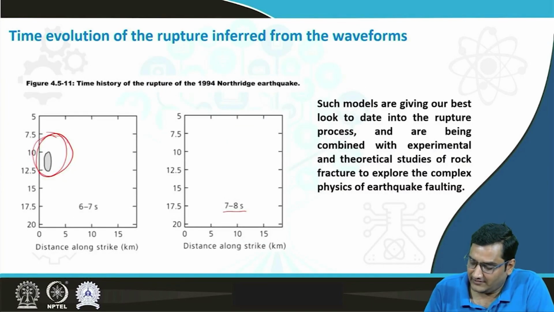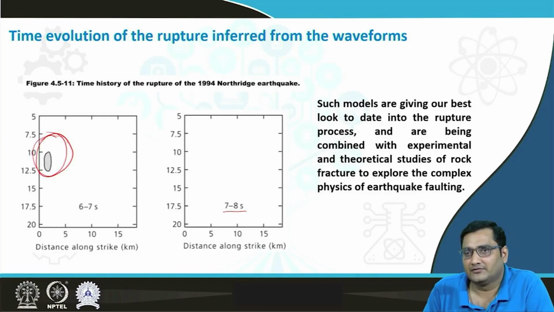These figures are basically giving the best look to date into the rupture process, and are being combined with experimental and theoretical studies of rock fracture to explore the complex physics of earthquake faulting. So this is just from the seismic waveform data.